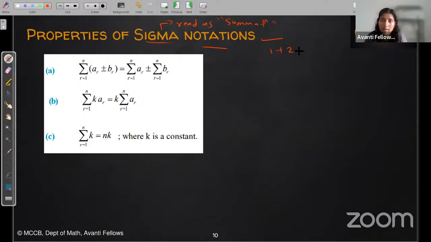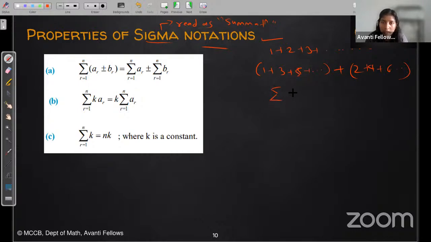For example, I have 1 plus 2 plus 3, and so on, right? I can write it as 1 plus 3 plus 5 plus so on, plus 2 plus 4 plus 6, and so on, right? Again, it will give us the sum of the natural numbers itself. So if I want to write this in summation, how will I write? Summation.